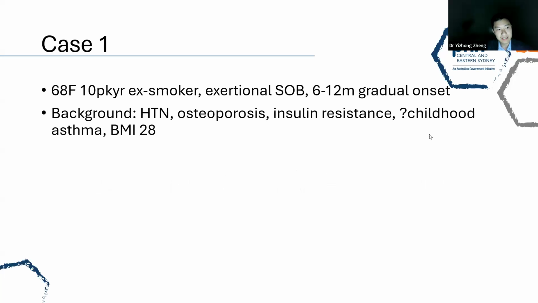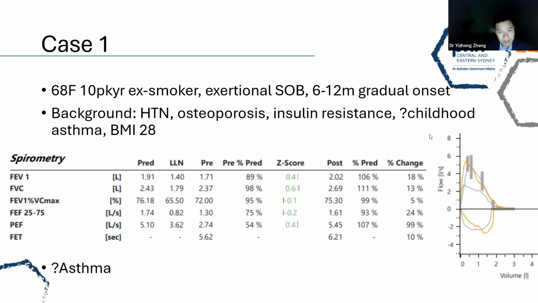I'll start off with a case: a 68-year-old female, 10-pack-year ex-smoking history, with 6 to 12-month gradual onset of exertional breathlessness, background of hypertension, osteoporosis, insulin resistance, and a possible remote history of childhood asthma. BMI of 28, and this is their spirometry.